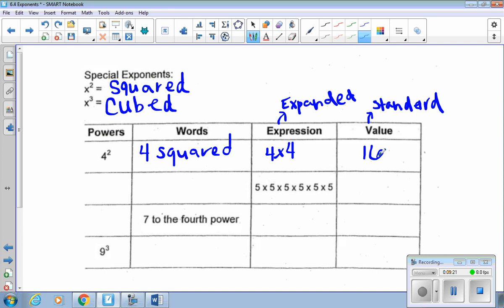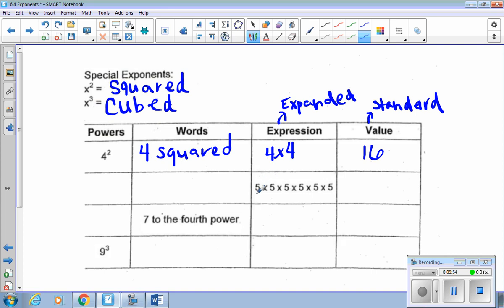Once we get to the next one, when I'm doing the value, it's probably going to be a good idea to stop the video, come up to me with your calculator, and ask me what button do you use in your calculator to put in an exponent. If you don't ask me today, I'll be able to show you tomorrow, but I would recommend doing it today, because the more comfortable you get with it today, the easier it's going to be for you as we go on.